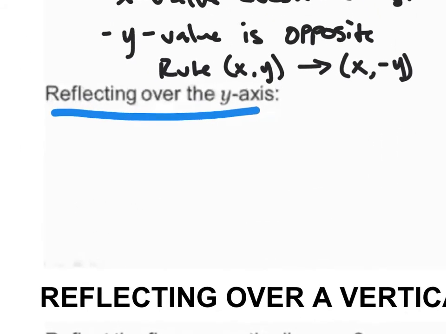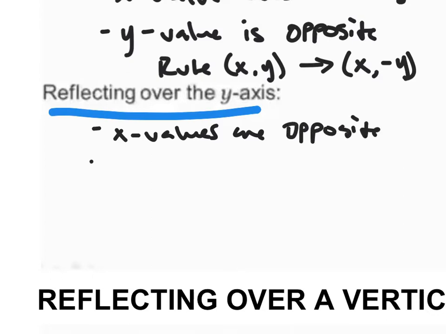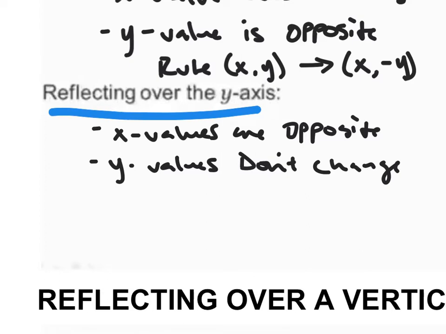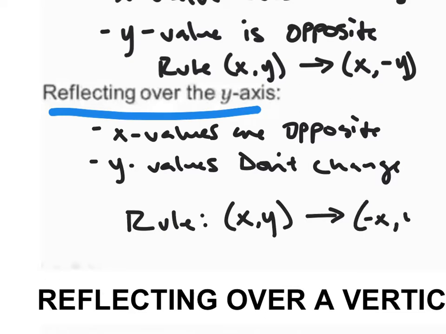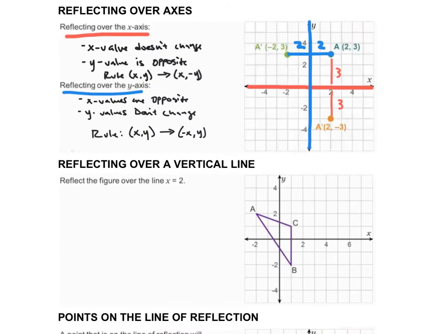That's what we do when we reflect over the y-axis. So my rule for reflecting over the y-axis would simply be x comma y becomes negative x comma y. And we'll talk more about the rules in a bit, but that's the idea.